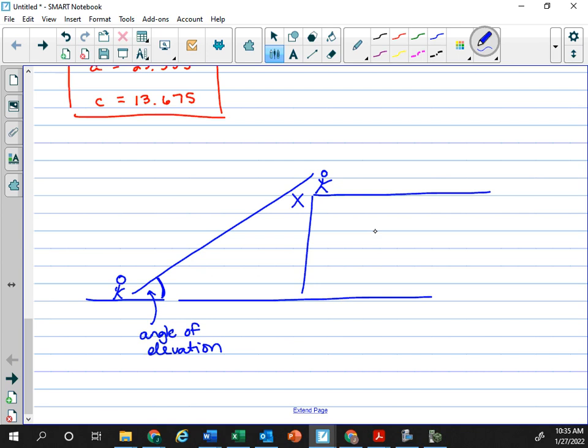That is not this angle. That's where people mess this up. What we're going to do is draw something parallel, sort of, to the ground. This is the angle of depression out there.